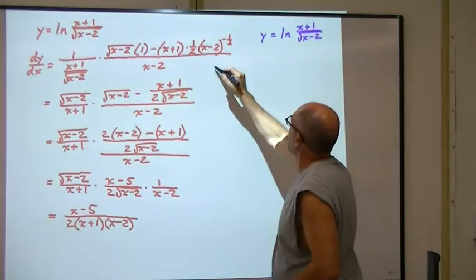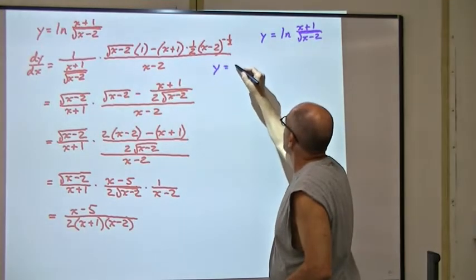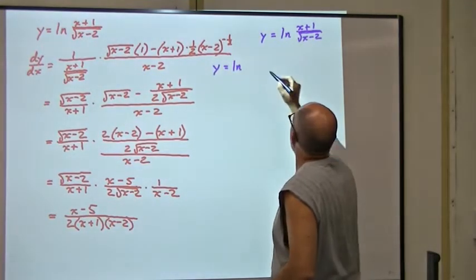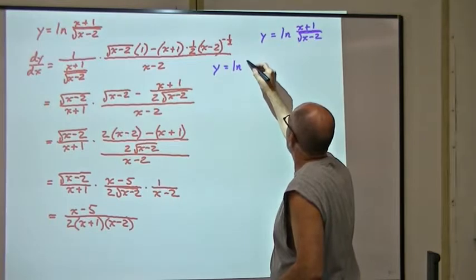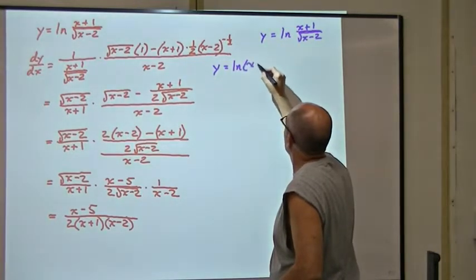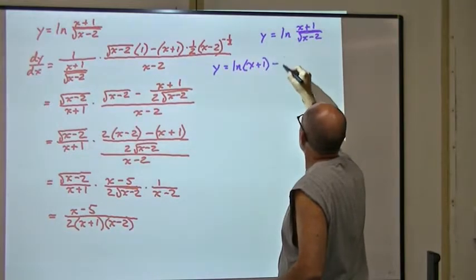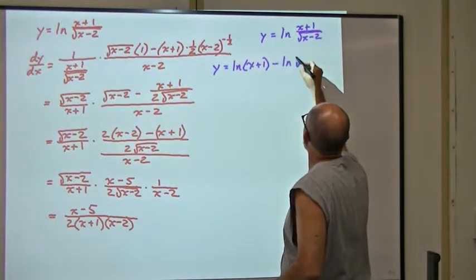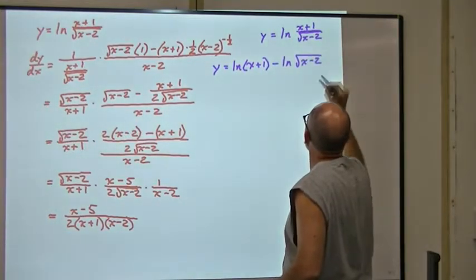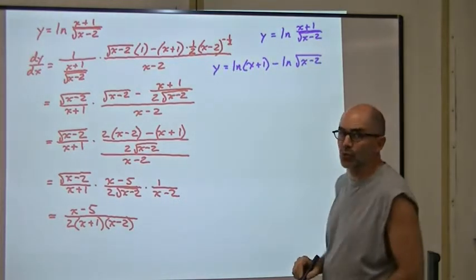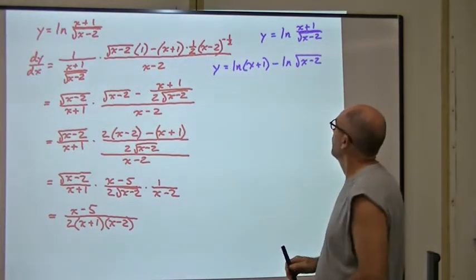So what we have is y equals natural log of x plus 1 minus natural log of the square root of x minus 2. Remember that rule from Algebra 2?